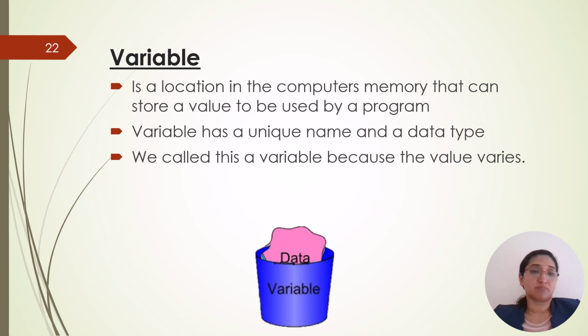A variable is a location in the computer's memory that can store a value, but this value is changeable. Whenever you enter the next value, the previous value will get replaced. That's why we call this particular location a variable.